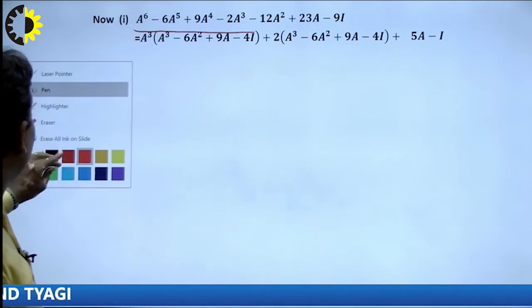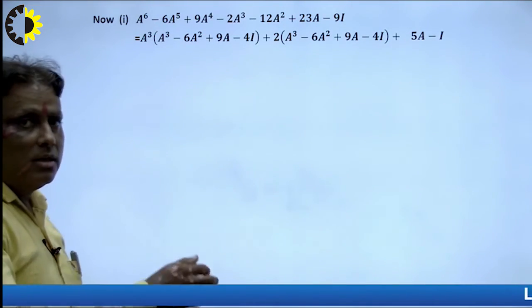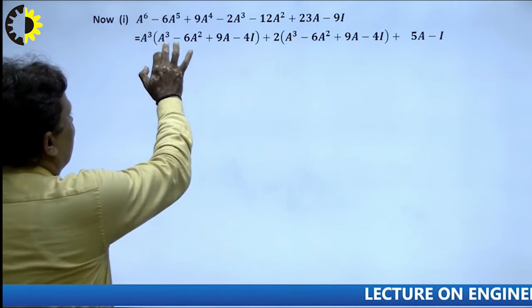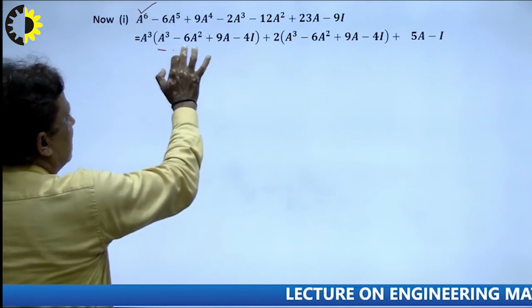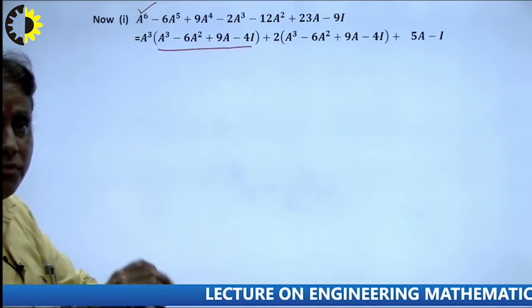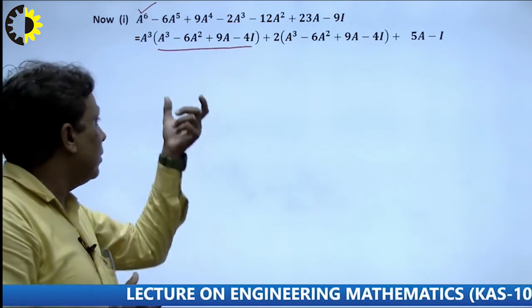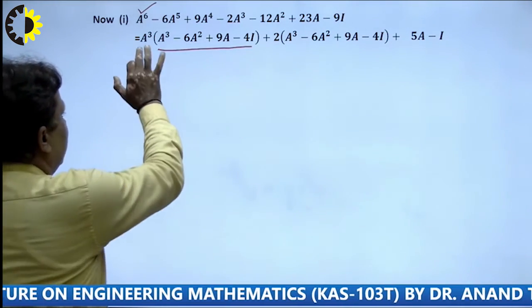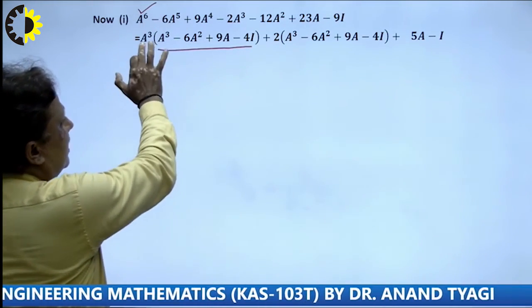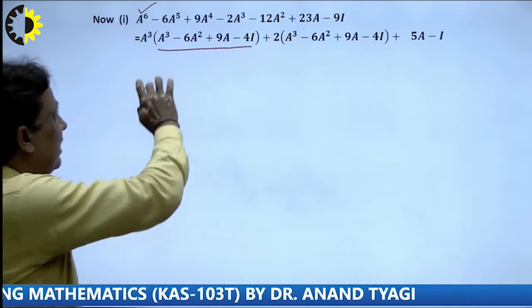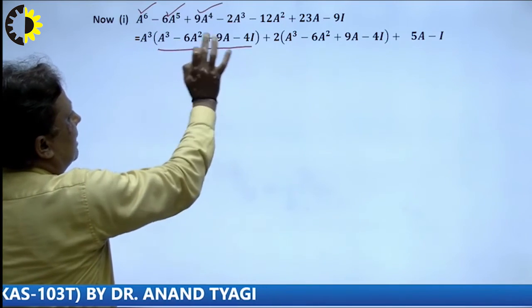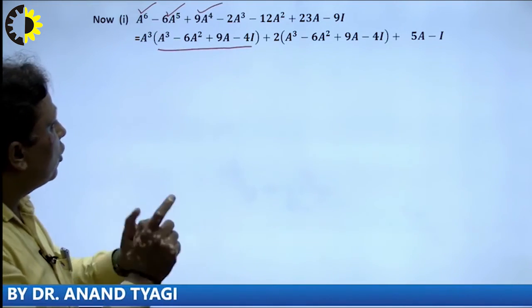Now our aim is to reduce the given expression; we got the characteristic equation just now. So A cube multiplied by A cube gives A6. This is our characteristic equation. A cube multiplied by A cube, A6; A cube multiplied by this, so A5; A cube multiplied by this, so A4; A cube multiplied by 4, so that is 4A cube here.